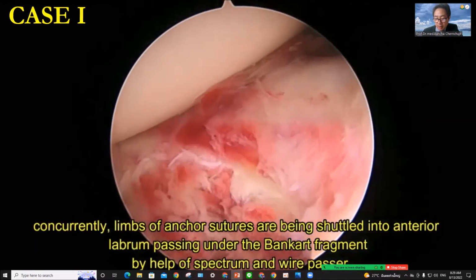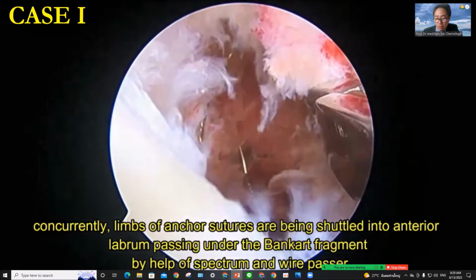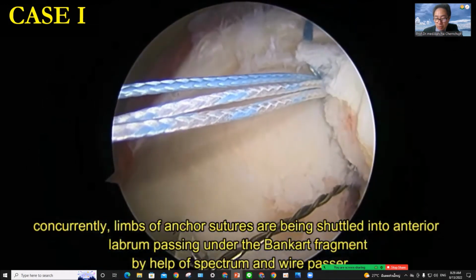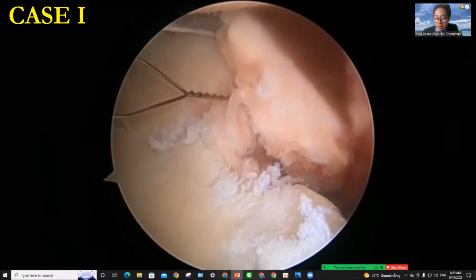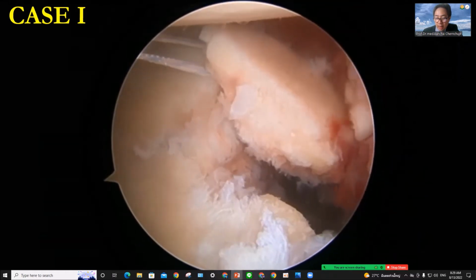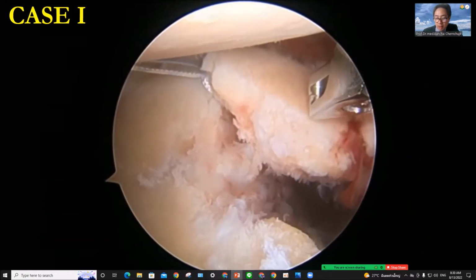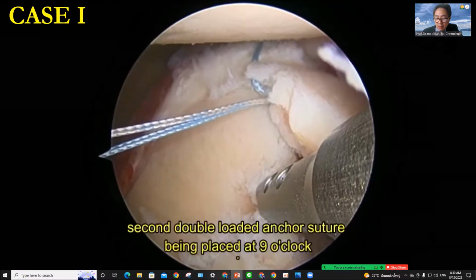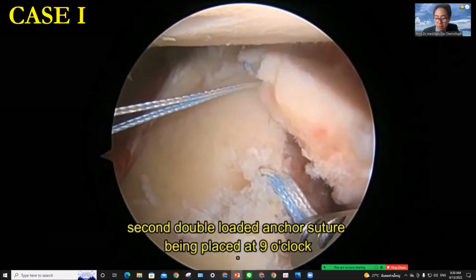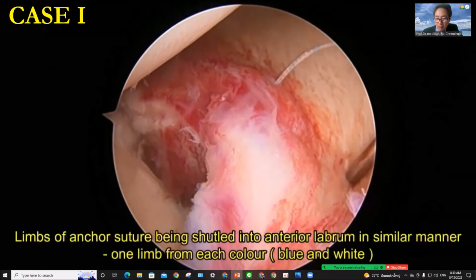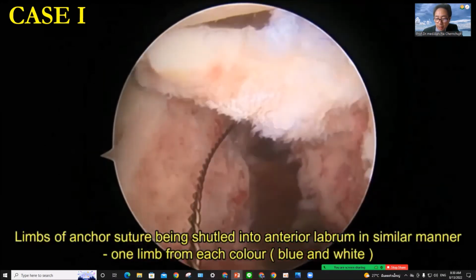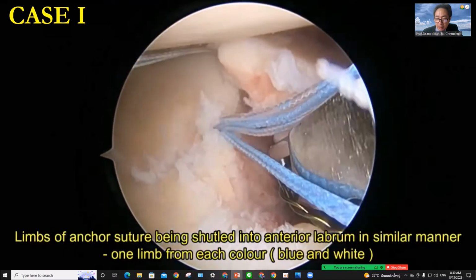Then I use my 5 o'clock portal to pattern the suture like that and wrap around the fragment. I prefer using a double load anchor. I like the Suture Fix from Smith & Nephew. It's a double load. Repair the labrum just next to the bone.